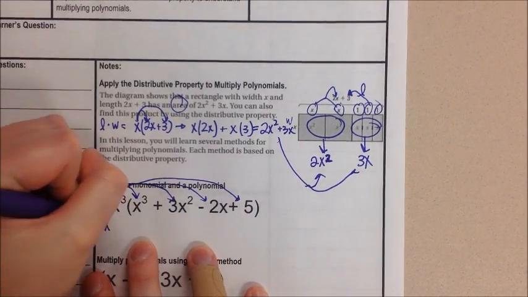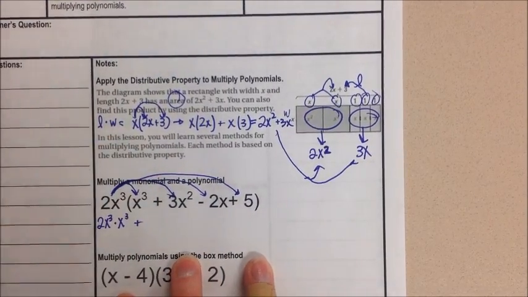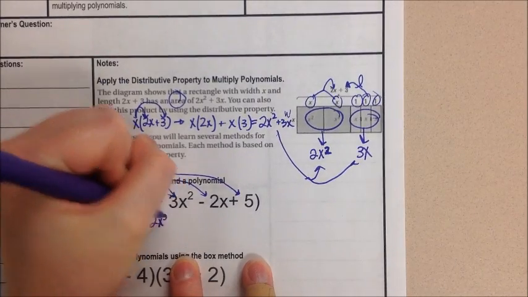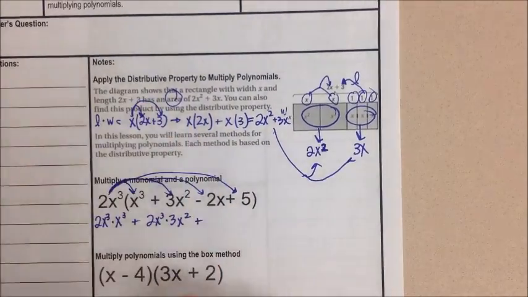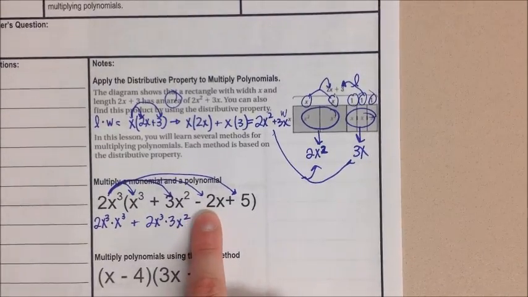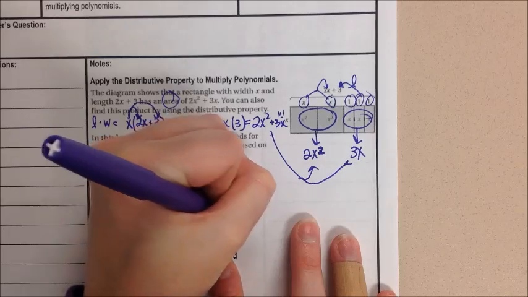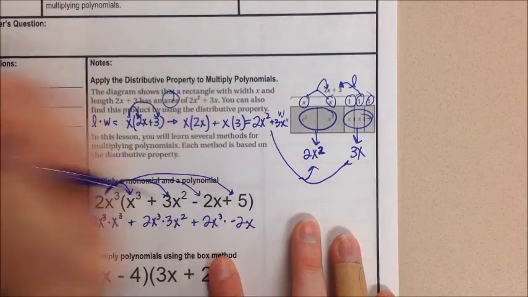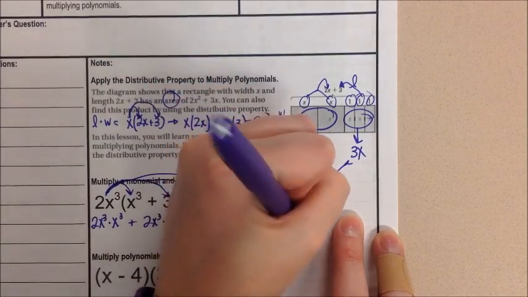So I have 2x cubed times x cubed plus 2x cubed times 3x squared plus, and I'm going to use a plus and then make this a negative 2x. Okay, so 2x cubed times negative 2x, and then plus 2x cubed times 5.